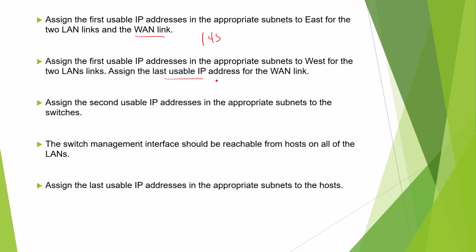Last usable for the WAN link is 146. Then we can do the other addresses as the first usable for the LAN links, i.e. the router address. Second usable will go to the switch in that subnet, that would be the SVI or the VLAN 1 interface.